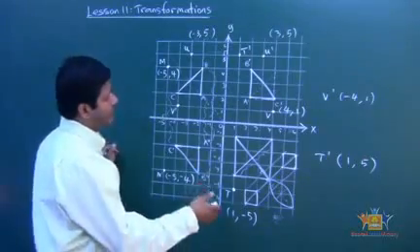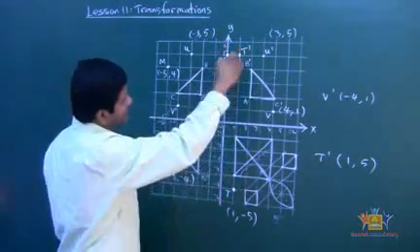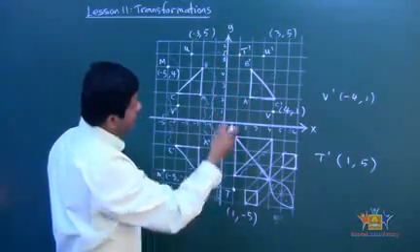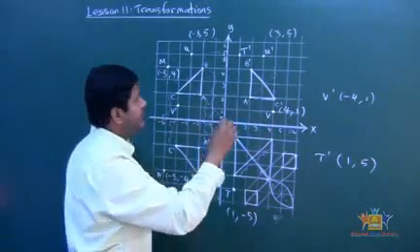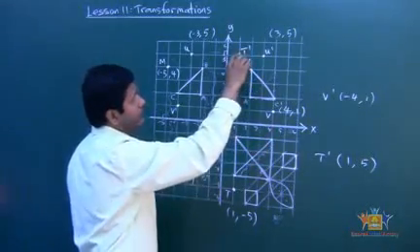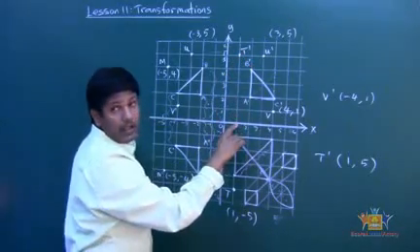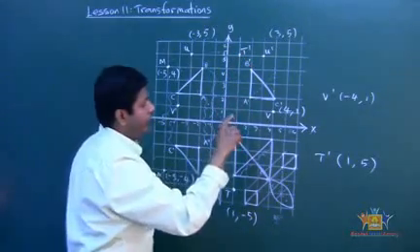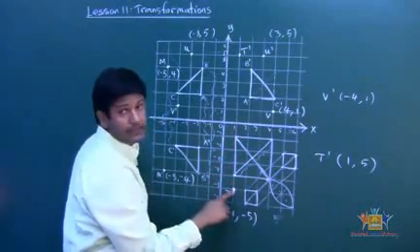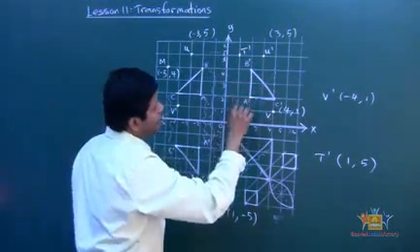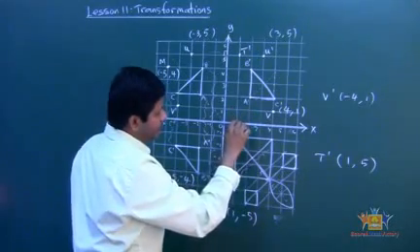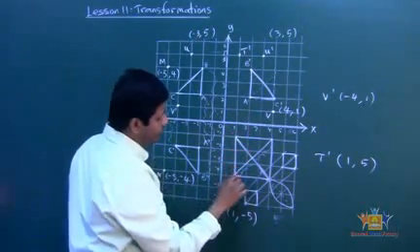Okay, let's see if it's correct now. Perpendicular line. See that? It is perpendicular right there to the x-axis. Now let's see the distance, the bisector. That means the distance from image T to the x-axis should equal the distance from the x-axis to T, the object. Let's see. 1, 2, 3, 4, 5. Now let's see if it comes to 5. 1, 2, 3, 4, 5.